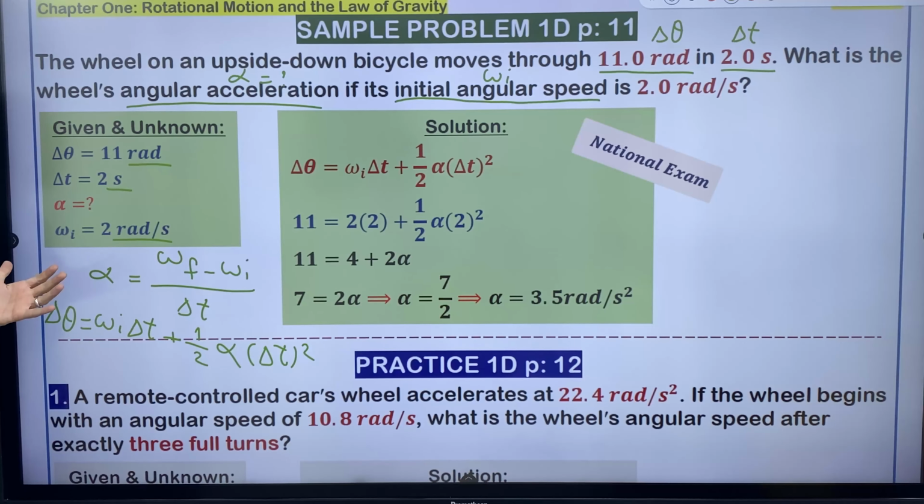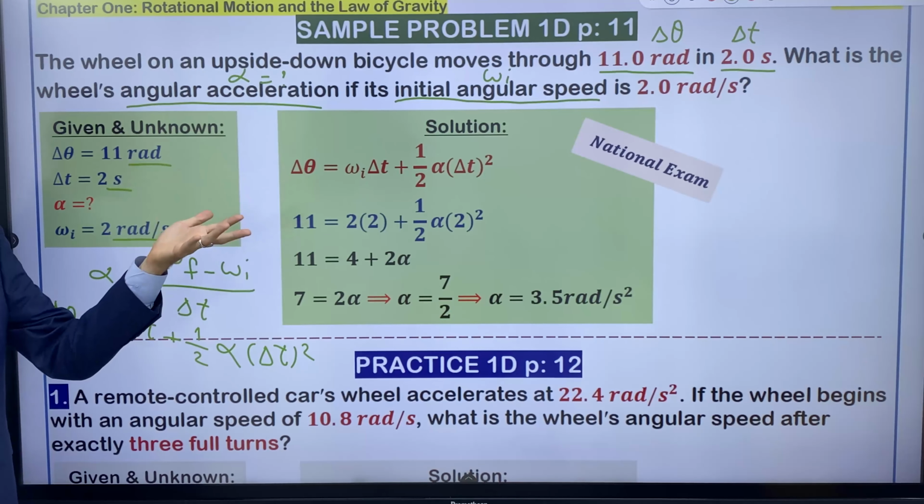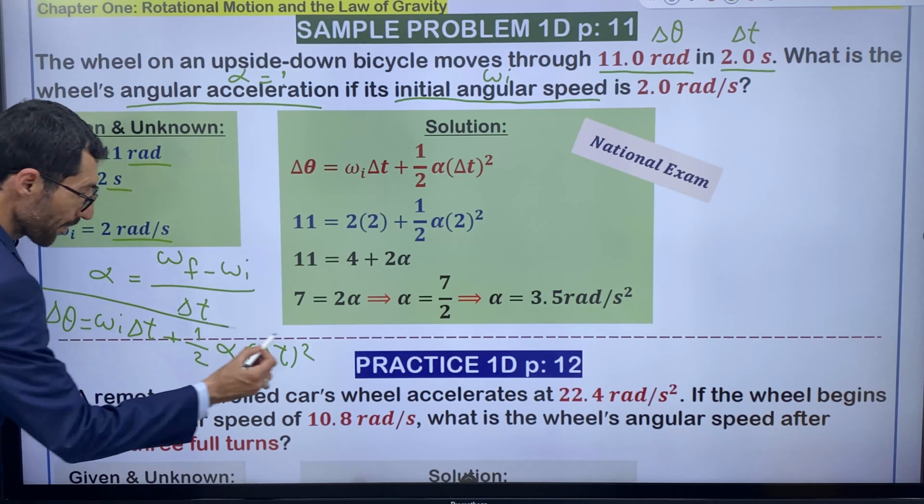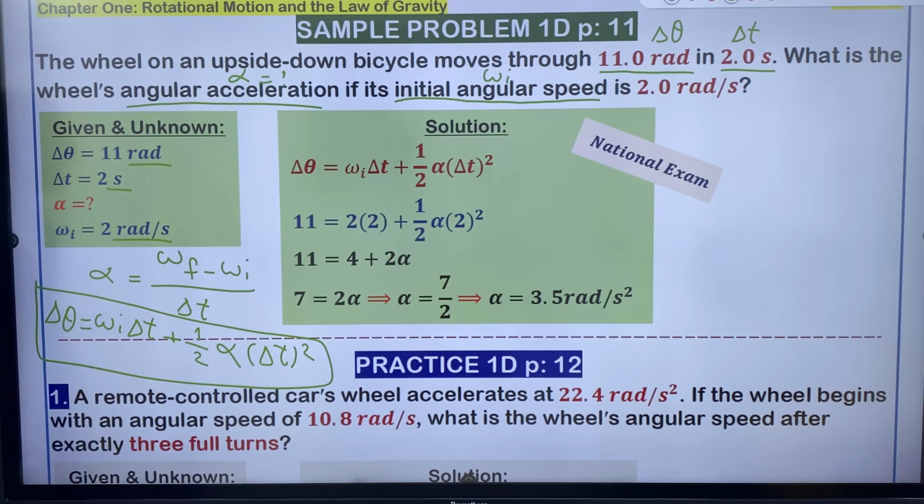We have another approach. You can find omega f by means of one of the 4 equations, and after that find alpha. But this equation is used directly.